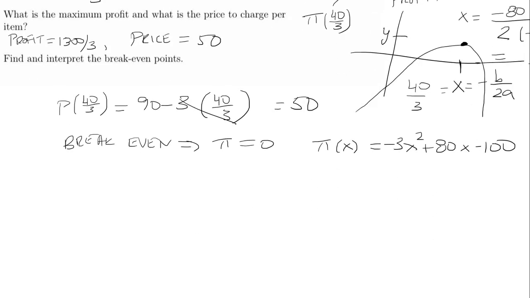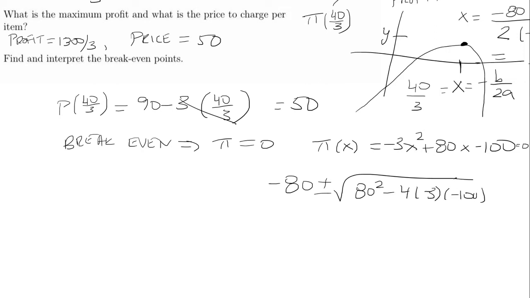So we're going to set this equal to 0. For this one, we'll have to use the quadratic formula: the opposite of b plus or minus the square root of b squared minus 4ac, all over 2a.